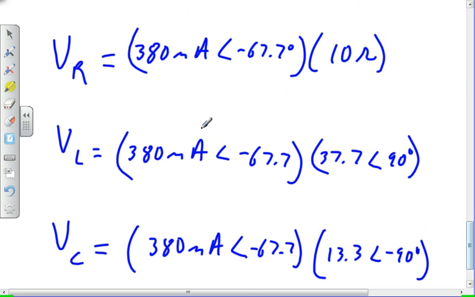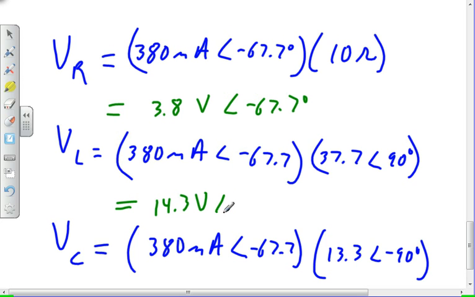All right, now I throw those in my calculator and I'd end up with answers. So I'd get 3.8 volts, angle minus 67.7 degrees. Can't do this one in my head. 14.3 volts, angle 22.3.